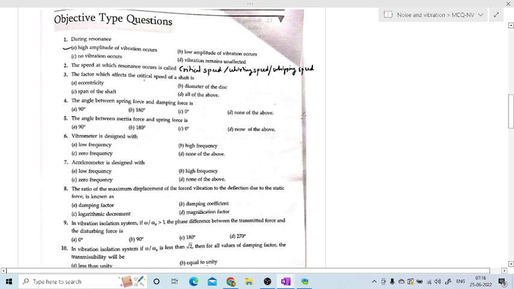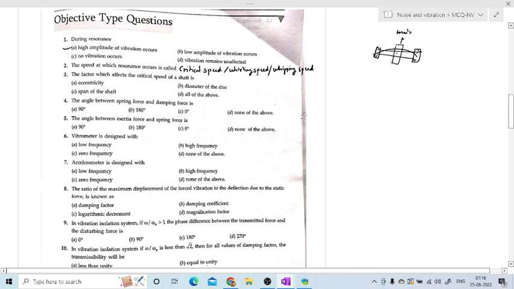The factor which affects the critical speed of the shaft is. Now for that you will have to see the critical speed. In the critical speed, with the shaft rotation, the centrifugal force will act on this shaft. Suppose this is my shaft and this is the body which is rotating, supported on the bearings. Now suppose the centrifugal force because of the rotation, m omega square, is acting on this body, this will be deflected.